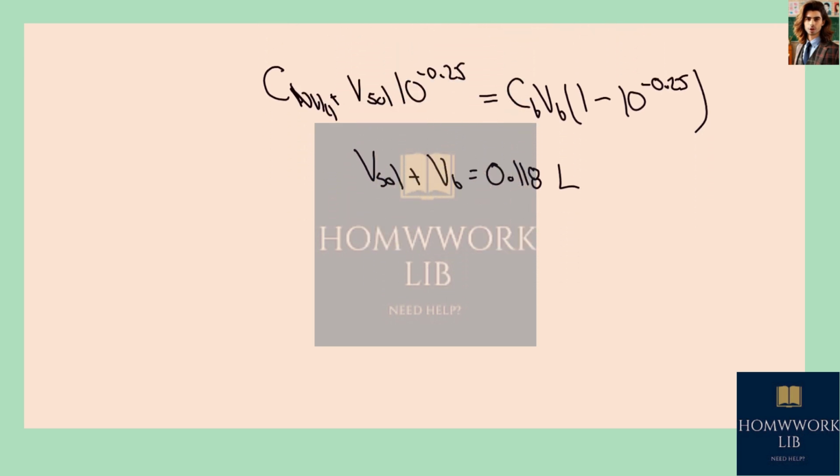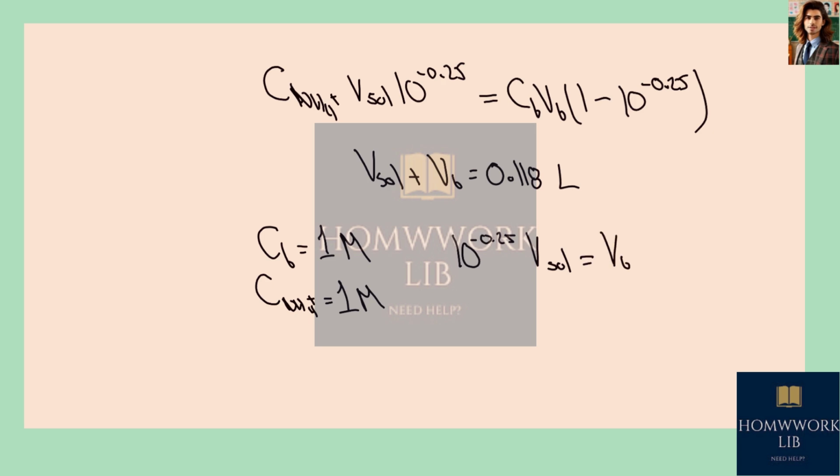So over here, what I'm going to do is solve it, assuming that the concentration of the buffer is 1 molar, and assuming that the concentration of the NH4 plus solution is the same, 1 molar, and we're going to see what happens. Under this assumption, the system of equations now reads 10 to the minus 0.25 times the volume of the solution is equal to volume of the buffer times 1 minus 10 to the minus 0.25.